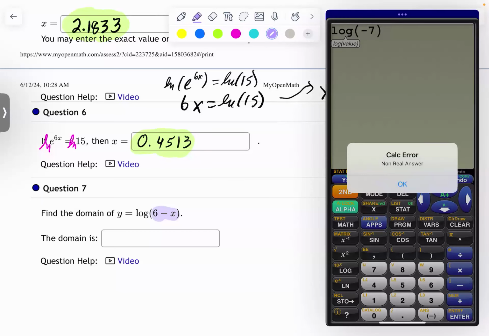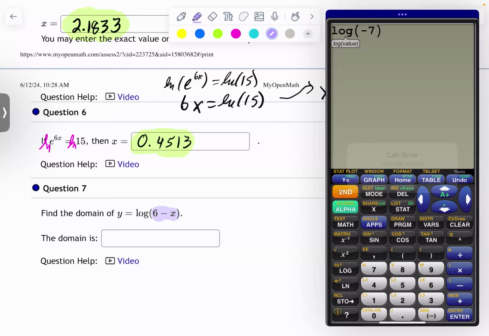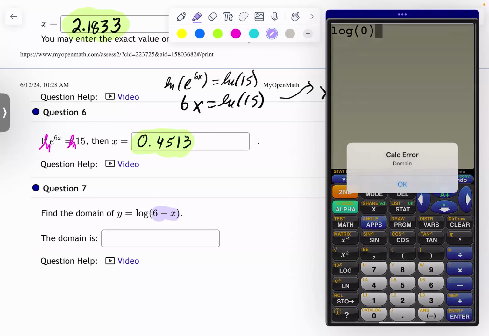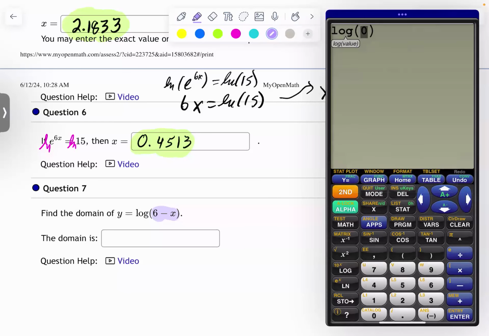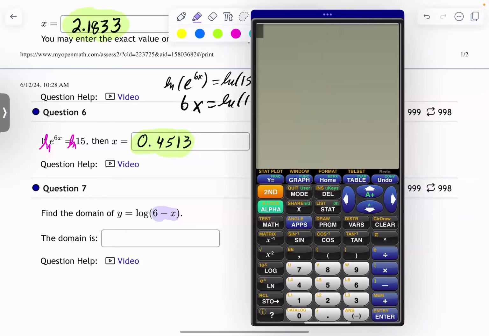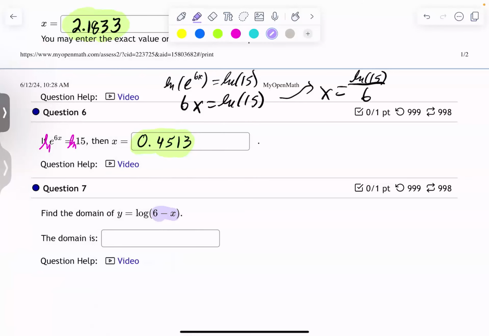Your error message is very possibly going to look a little bit different than mine, but you should be getting an error message. I can't even take the log of 0. It says don't do that either. So I know that the log of whatever, 6 minus x, has to be positive, bigger than 0.